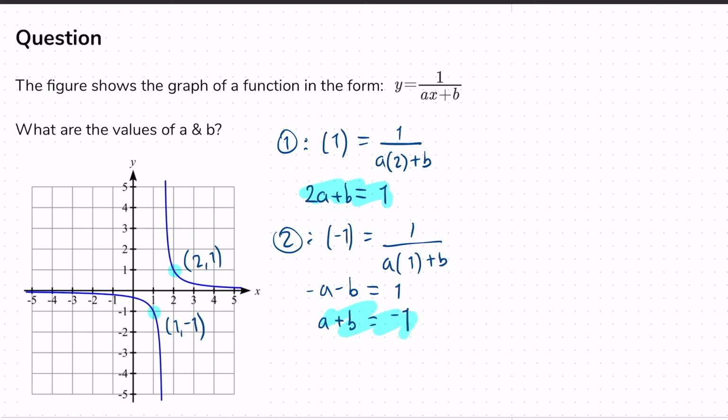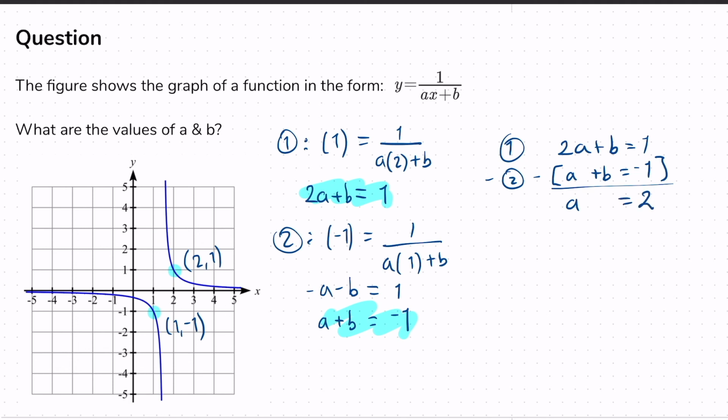So I have these two equations, simultaneous equations. Now if I subtract equation 2 from equation 1, which is 2a plus b equal to 1, subtract 1 lot of a and b, well, what do I end up with? I have 1 lot of a, the b's cancel out, 1 minus minus 1 equals 2.